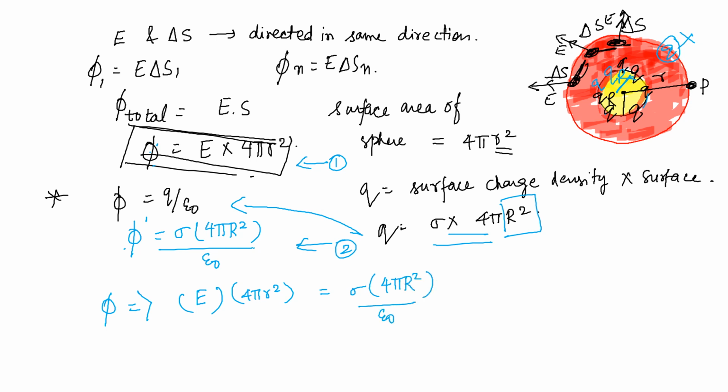So from here the 4 pi will get cancelled out, and E will be equal to sigma capital R square divided by epsilon naught small r square. So this is the electric field at distance small r due to this charged spherical shell.